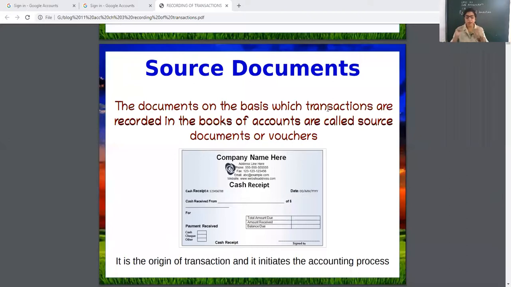It is the origin of the transaction and it initiates the accounting process. Without any receipt, voucher, evidence, proof or source document, how can you enter the transaction in the books? In the source document, the name, the date and the amount written are everything, conclusive proof. That's why a source document is necessary. And after the source document, the accounting process starts.